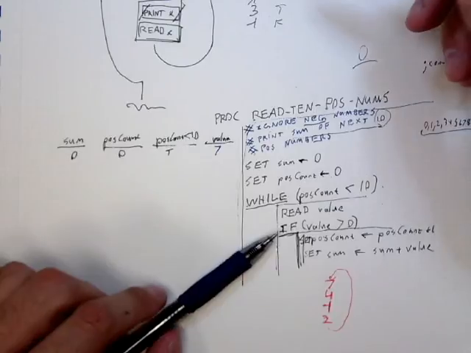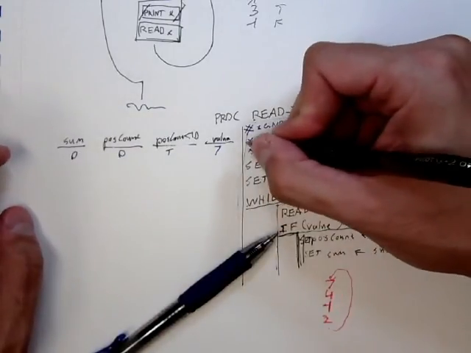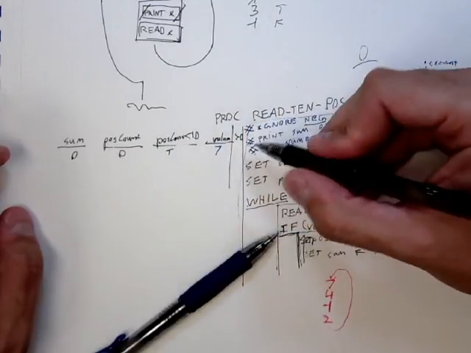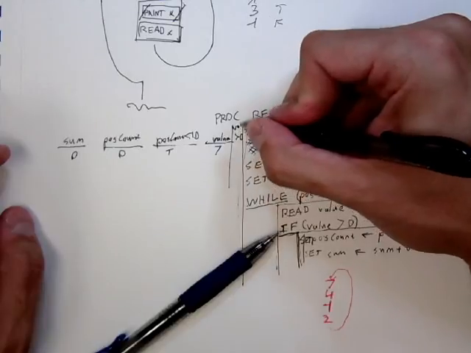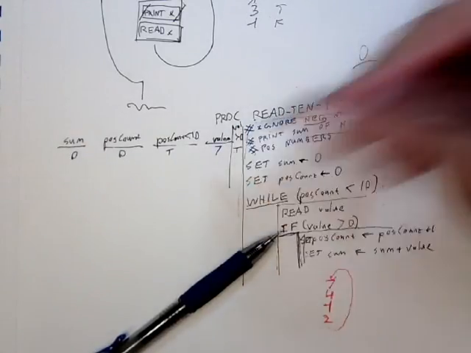If value is greater than 0, I'll just put that right here. I'm squeezing that in. Value greater than 0, right? Is value greater than 0? Is 7 greater than 0? That's true.